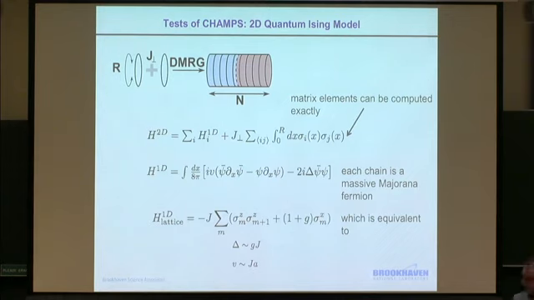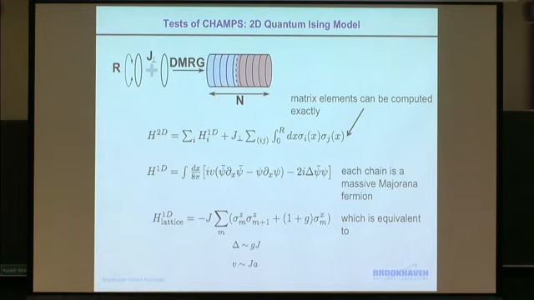Before I move on to discussing the non-equilibrium behavior of these various 2D systems, let me briefly discuss an important test of this approach in equilibrium, because if you can't get it to work in equilibrium, you shouldn't be trying things out of equilibrium.